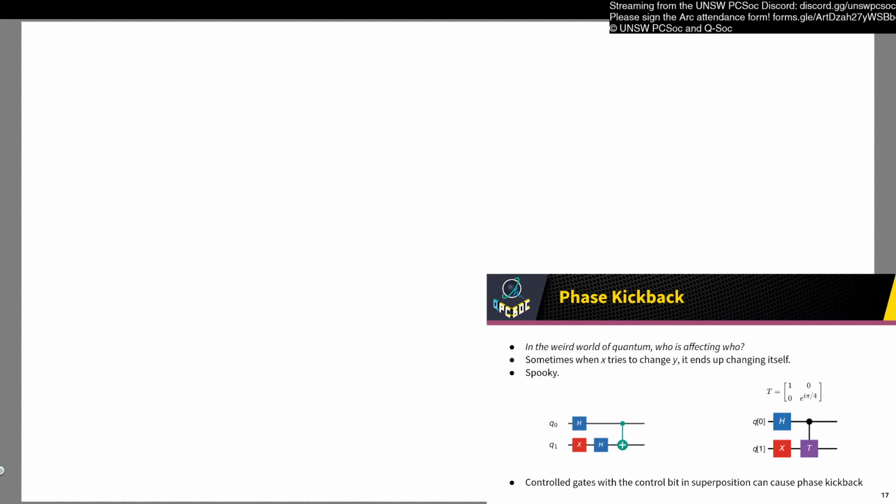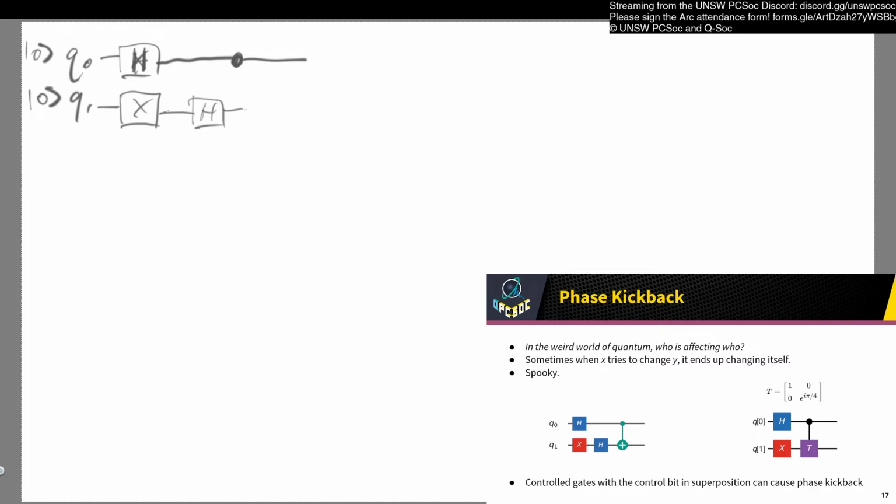Okay, let's do the left example. Again, we initialize Q0 at state 0, Q1 at state 0 as well. We have a Hadamard gate and then nothing for one step until we have a C0 gate. That's an H, sorry, brain fart.